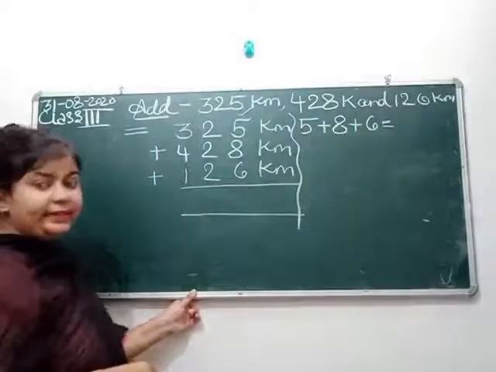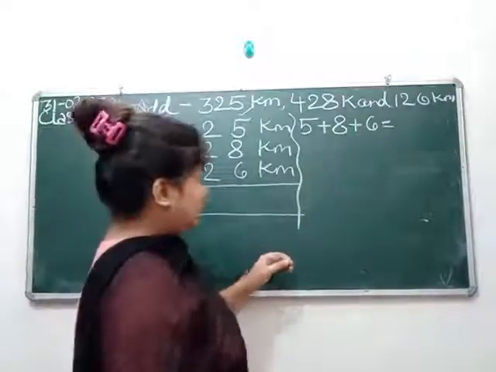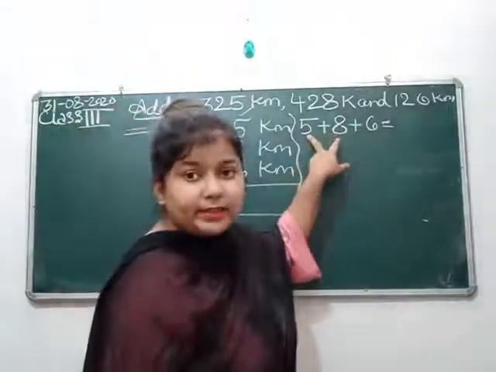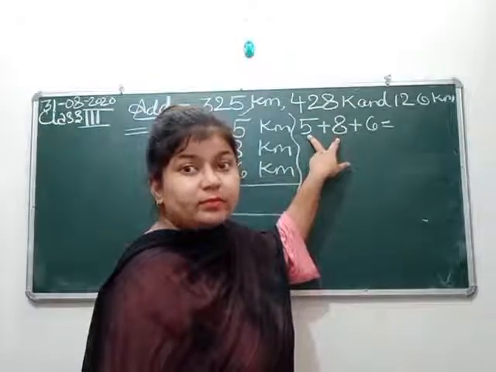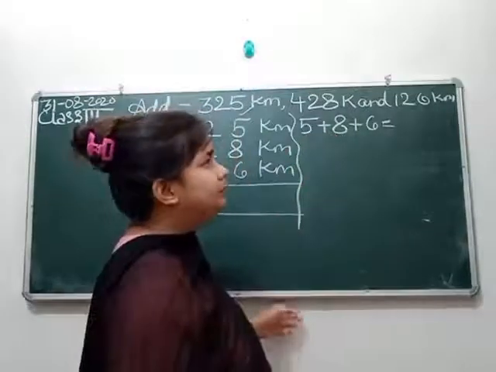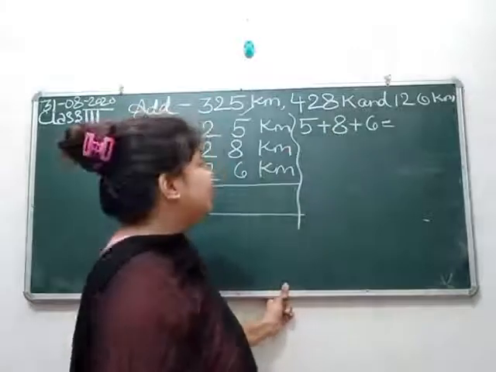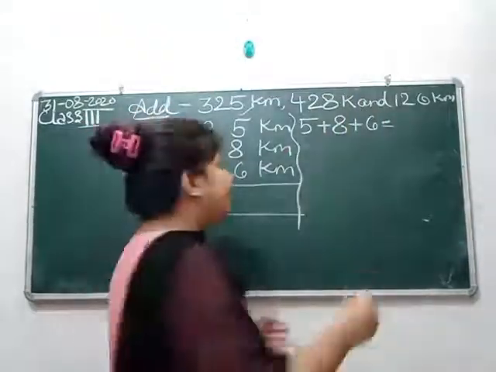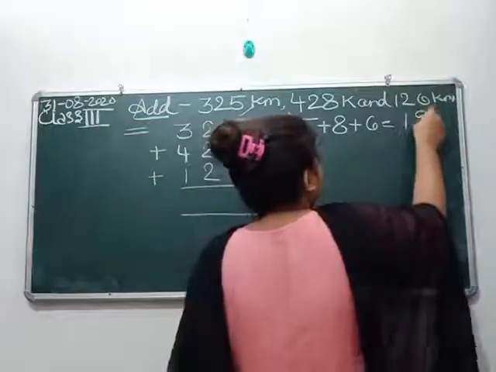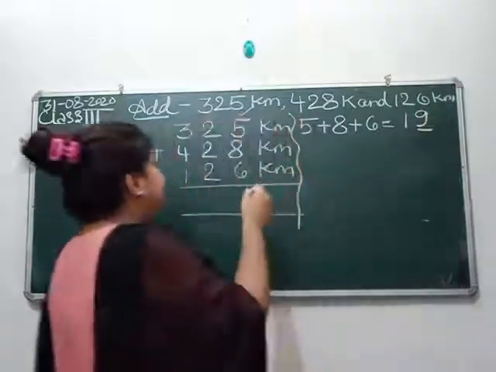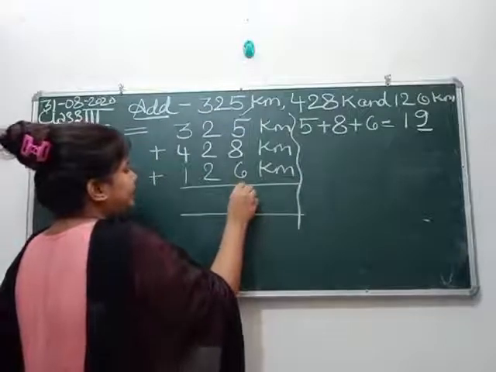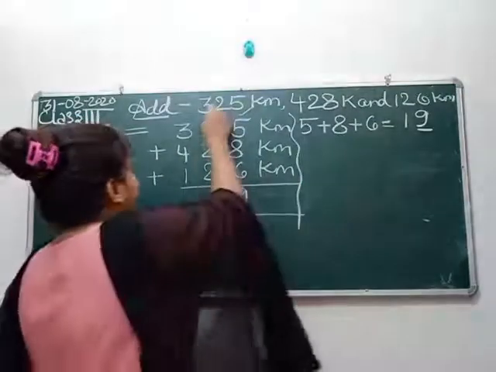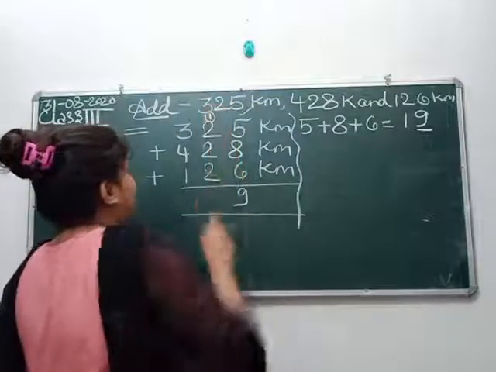Now let us add them. 6 plus 5 is 11. 11 plus 8 is 19. So for 19 we will write 9 here and we will give carry 1 to the next place.